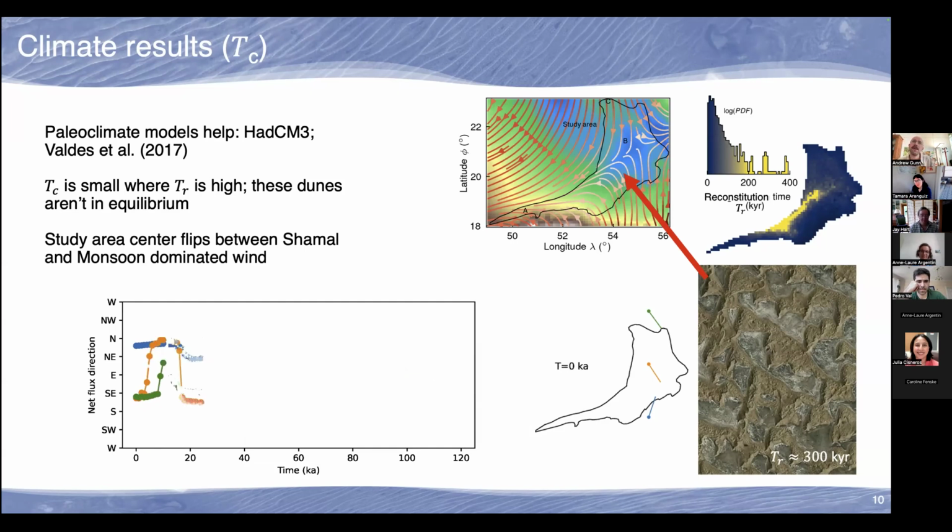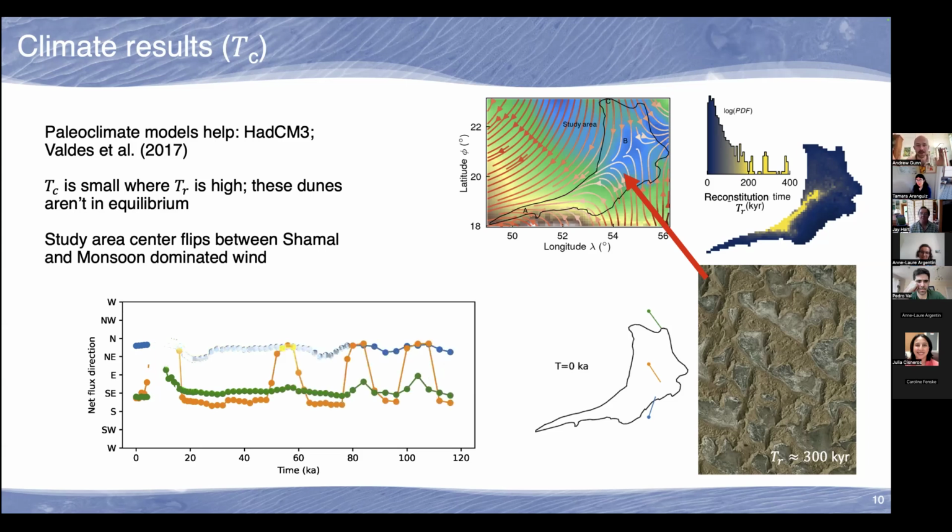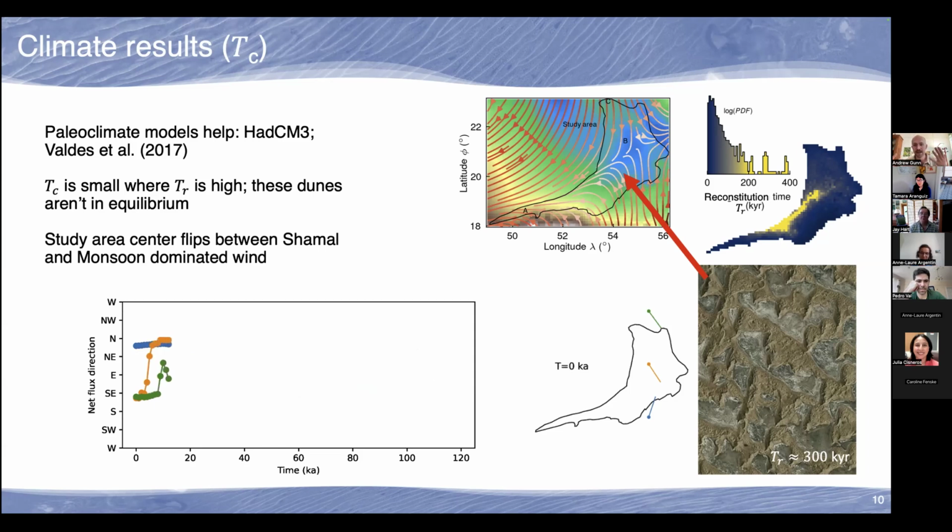So there's a very subtle and interesting effect: where the climate timescale is short, the reconstitution times will potentially be long, because they have variability on all timescales.